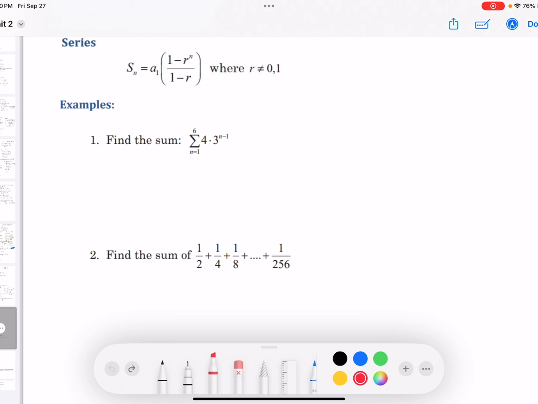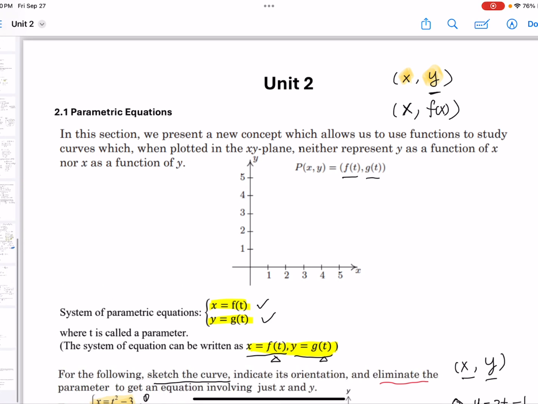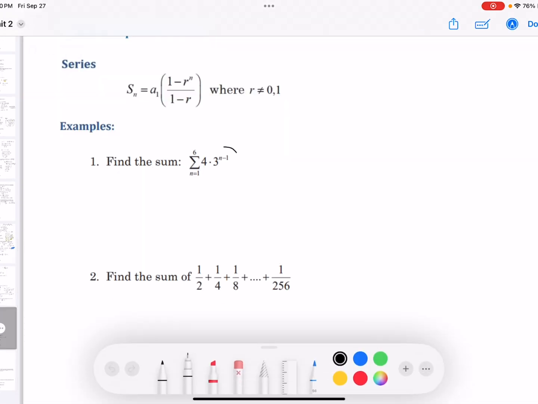Yes, it is, because the sigma represents the sum. And on the right-hand side of the sigma, this is a sub n. It has the same pattern as a sub 1 times r to the n minus 1.